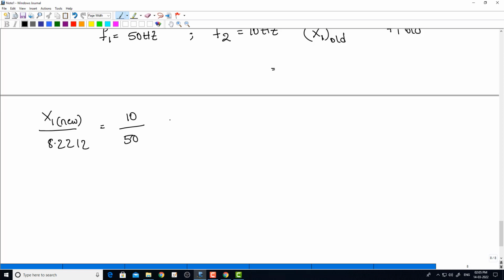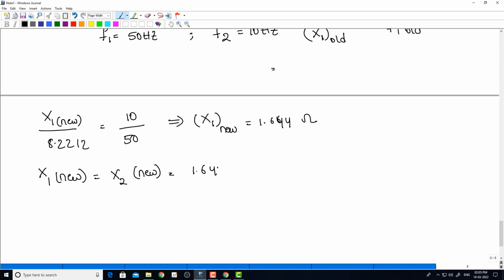Which implies X1 new is equal to 1.644 ohms. So, if X1 new is equal to 1.644, then X2 new is also equal to 1.644 ohms, since the stator reactance and rotor reactance are equal.